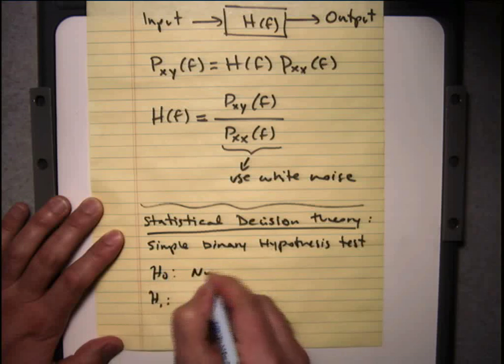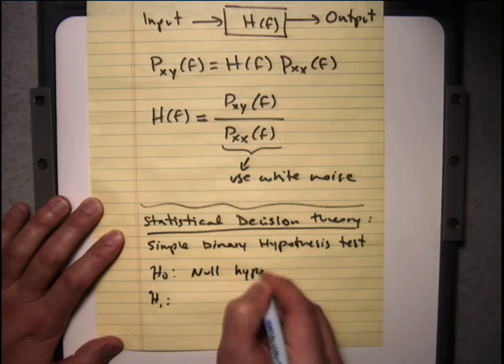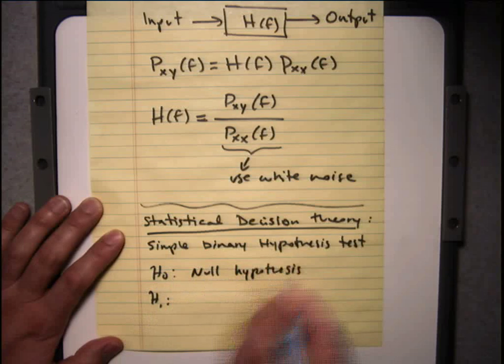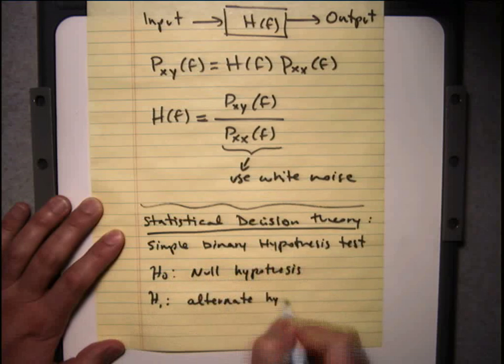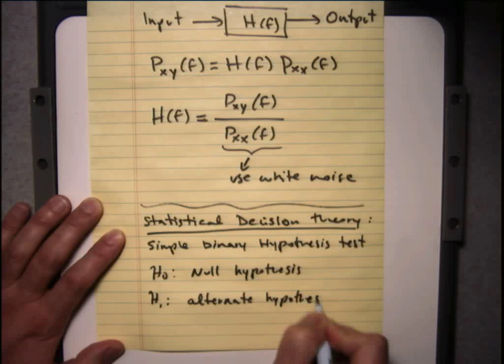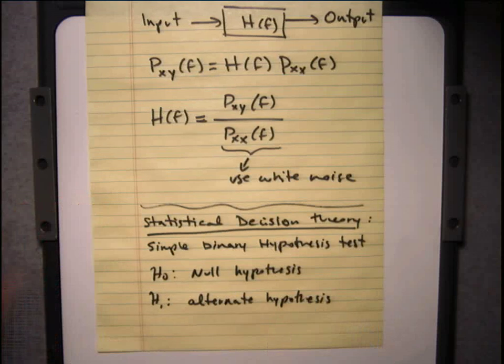This is what we call the null hypothesis, and this is what we call the alternate hypothesis. The idea here is simply, given the data, to try to tell which one of these hypotheses is the valid one. There are different situations under which we're going to study this particular problem.